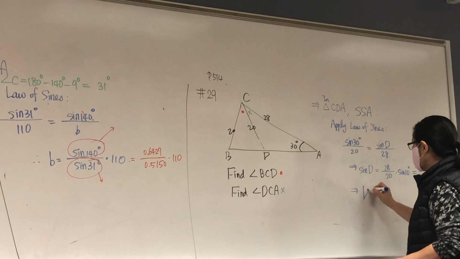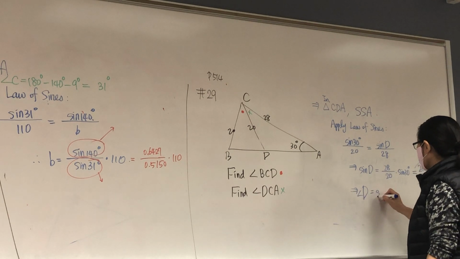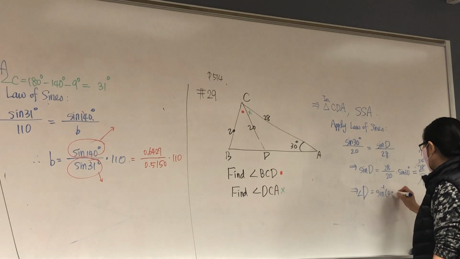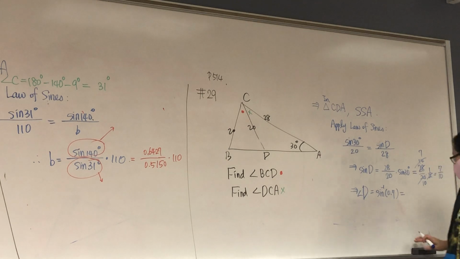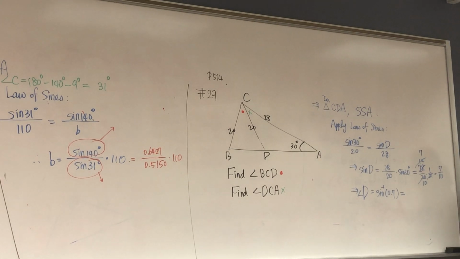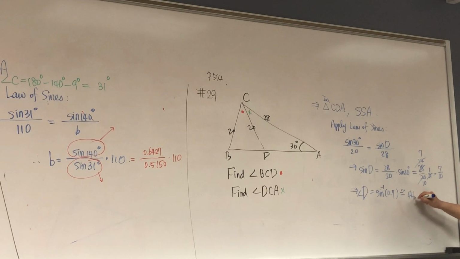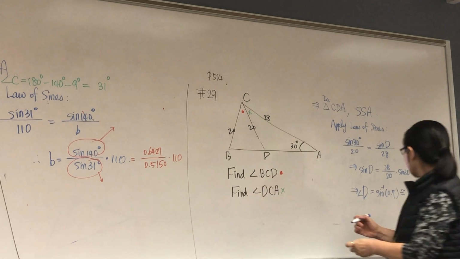So what is the angle D? It's the sine inverse of 0.7. Go to the calculator. 44.42 degrees. Yes. Good.